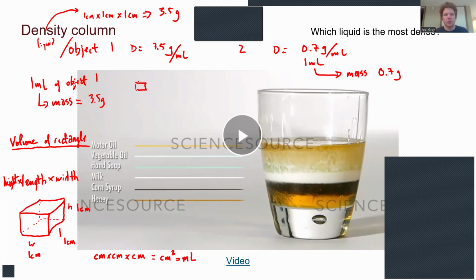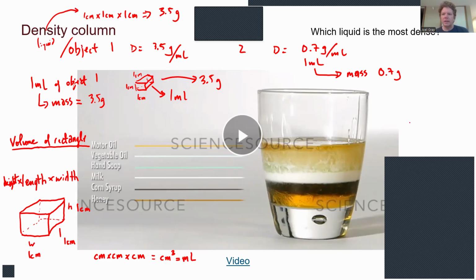And that 1 cubic centimeter of liquid number one here has a volume of 1 milliliter, because it's 1 centimeter by 1 centimeter by 1 centimeter. 1 cubic centimeter is the same as 1 milliliter. It has a mass of 3.5 grams. So liquids have different densities.